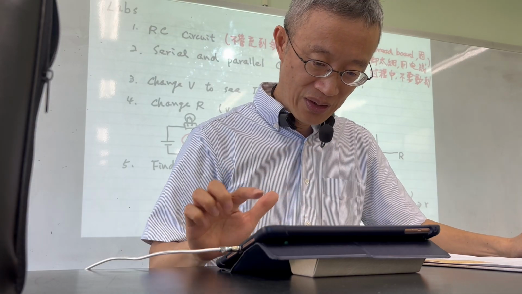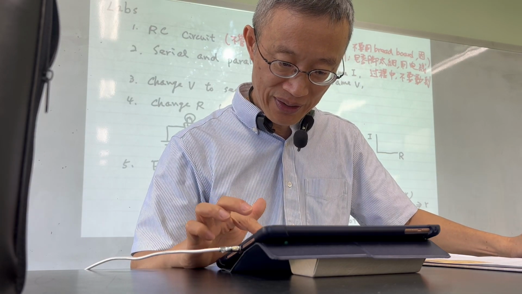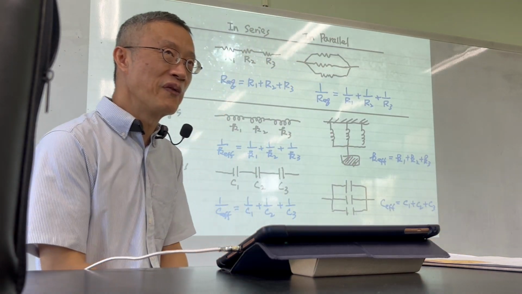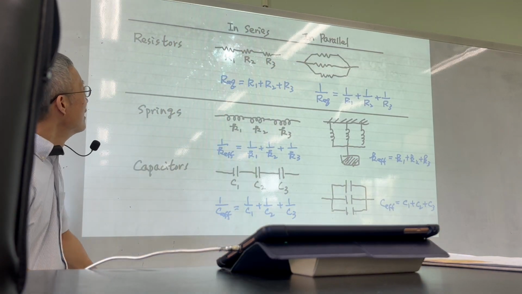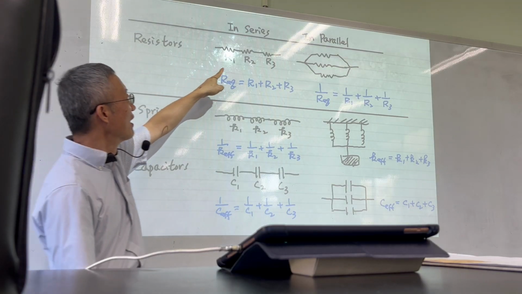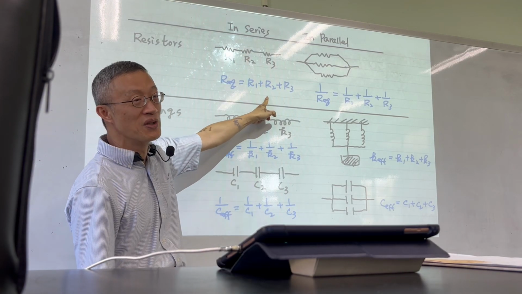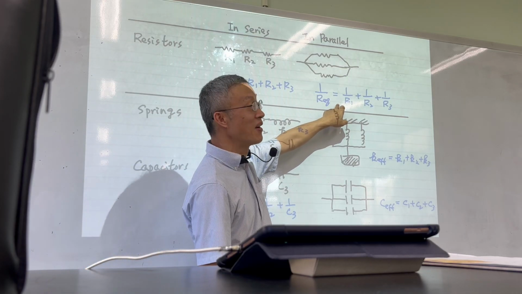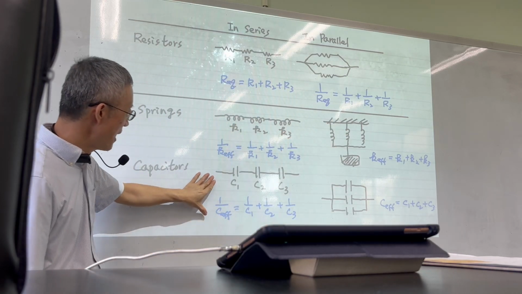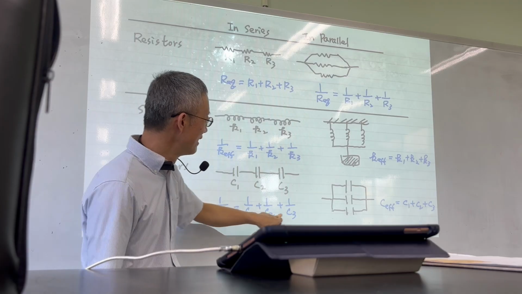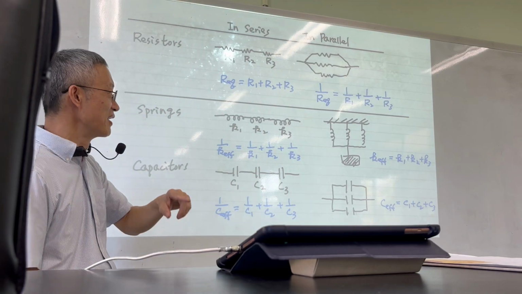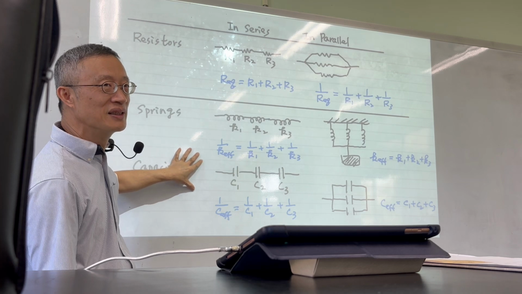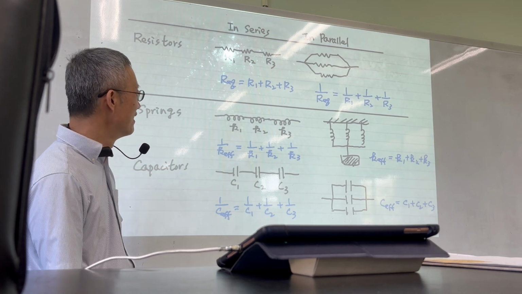Remember in mechanics there's also a spring, right? Springs connected in series. What's the equivalent spring constant? Resistors in series are the addition of all individual resistances. In parallel, it follows that equation. Capacitors are exactly the opposite, right? Now the spring constant in mechanics belongs to the category of capacitors.